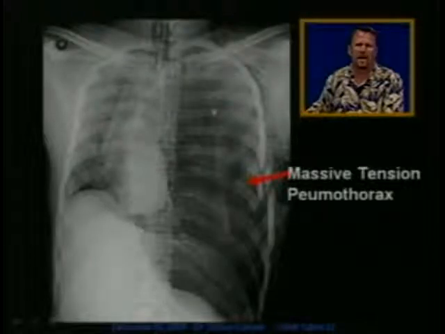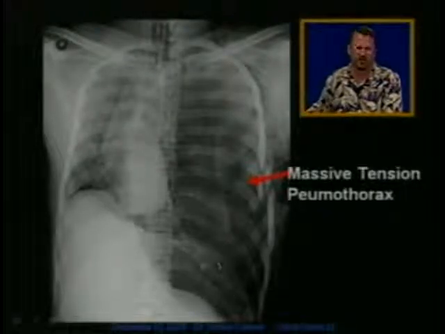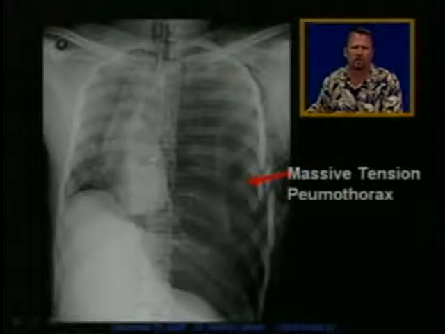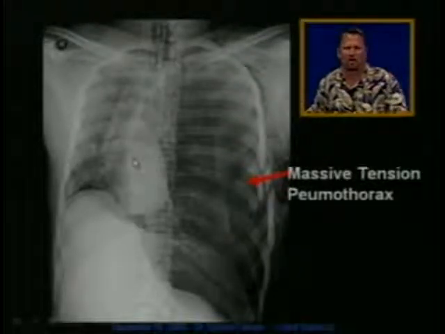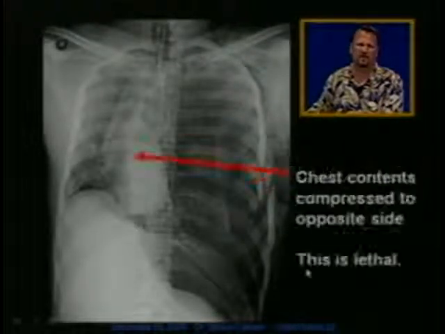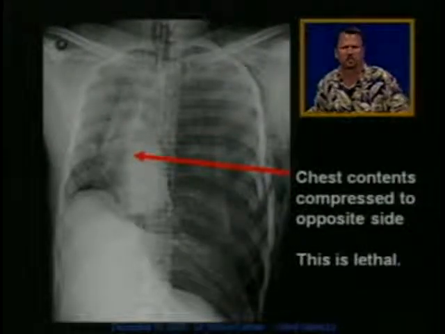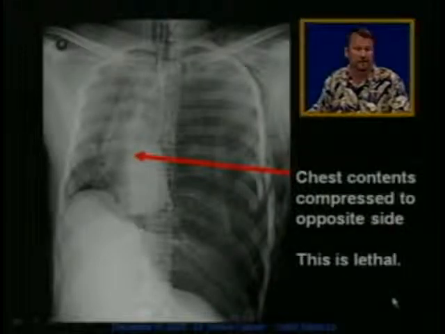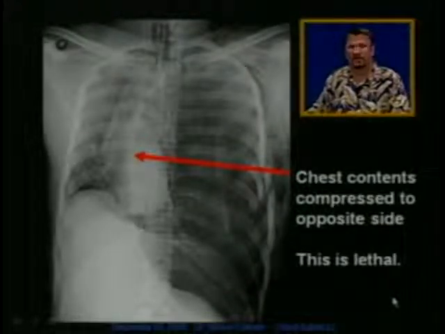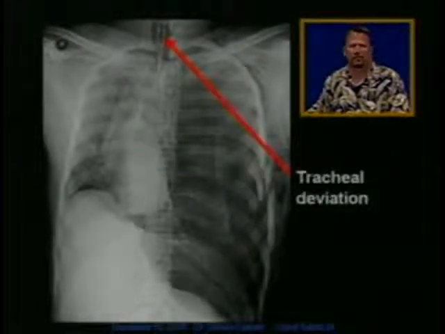So this is our massive tension pneumothorax. Notice it's pushed the diaphragm way down, and it's pushed the mediastinum and the heart across to the other side of the chest. And when the chest contents are compressed like that, this is lethal. This will kill people very quickly.